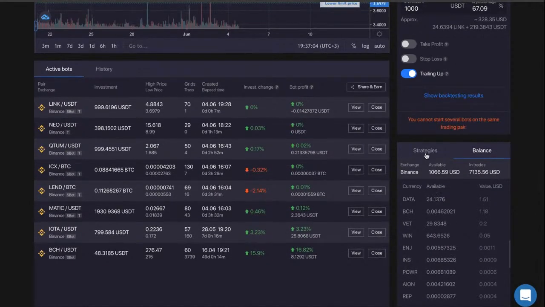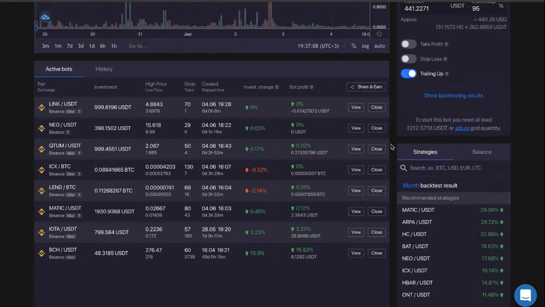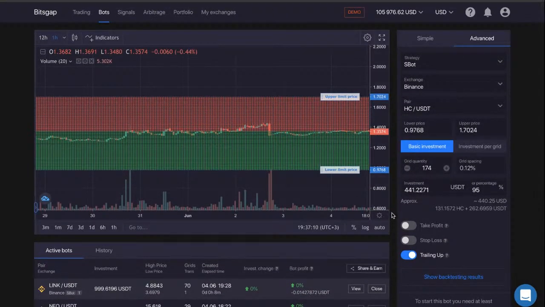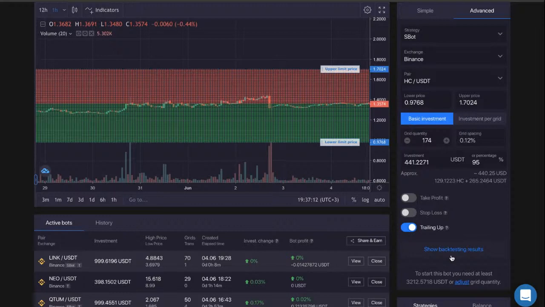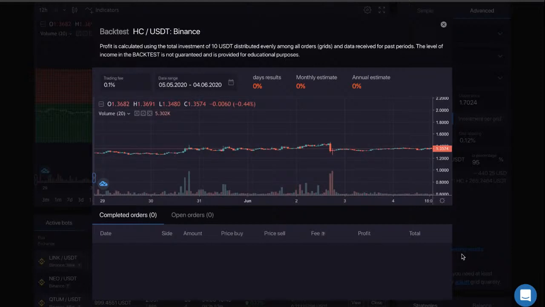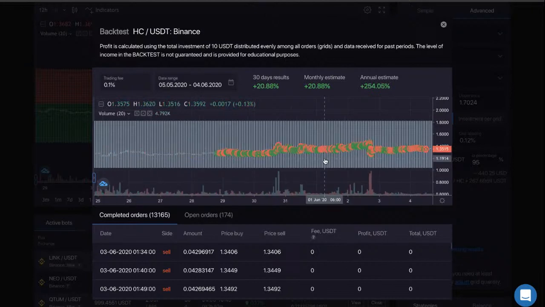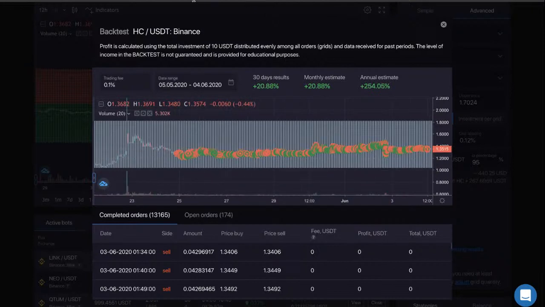So let's say I click on the trading pair to USDT, and in the advanced section, you have this backtesting. The recommended strategies are based on recent market performance. It sorts out the best cryptocurrencies based on return for a given risk, and it also takes into account the backtesting results.